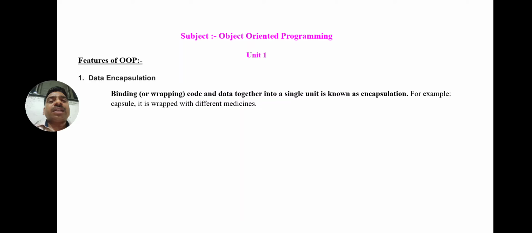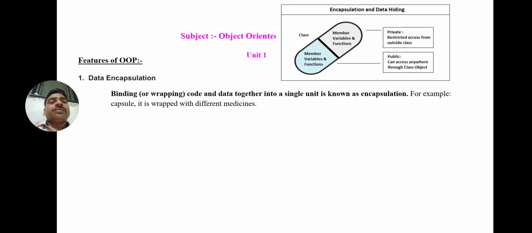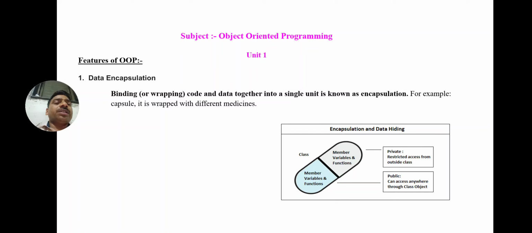So here code and data are bound together. For example, it is wrapped within the different medicines. You can observe the figure: encapsulation and data hiding. Here a class is there, and inside that class member variables and functions are there, and you can declare either a private section or public section, or use both sections.